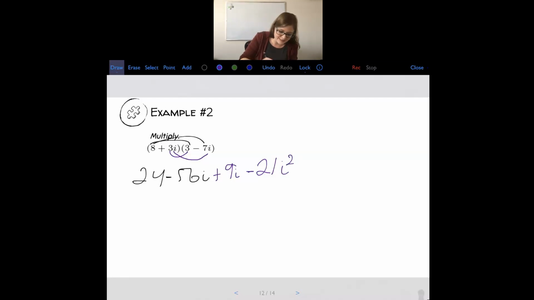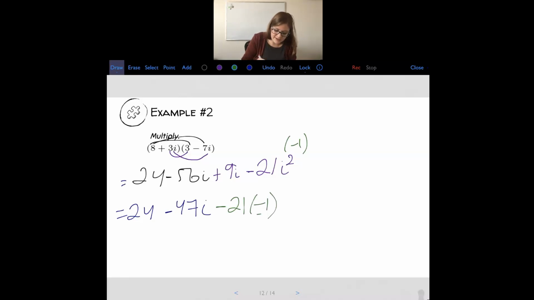Okay, so let's continue to simplify. So we have 24. -56i plus 9i is -47i. Okay, and now here, remember that i squared is negative 1. So this is negative 21 times negative 1.